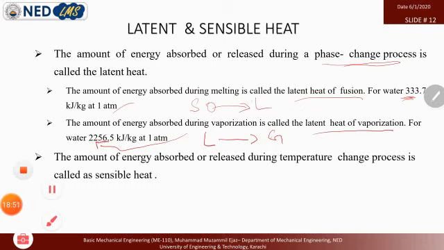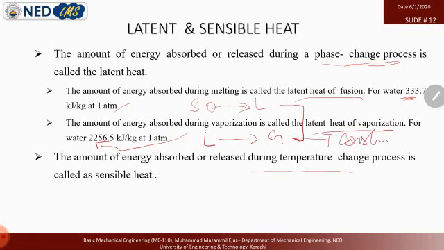Now the remaining heat is sensible heat. The amount of energy absorbed or released during the temperature change process is called sensible heat, because you know that in these two phase-change processes the temperature becomes constant. You are providing heat, but the temperature of the body is not increasing or decreasing.